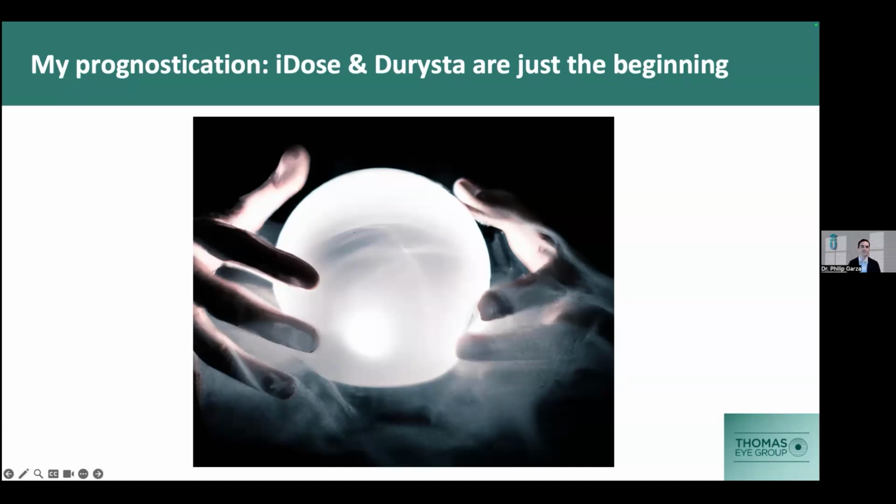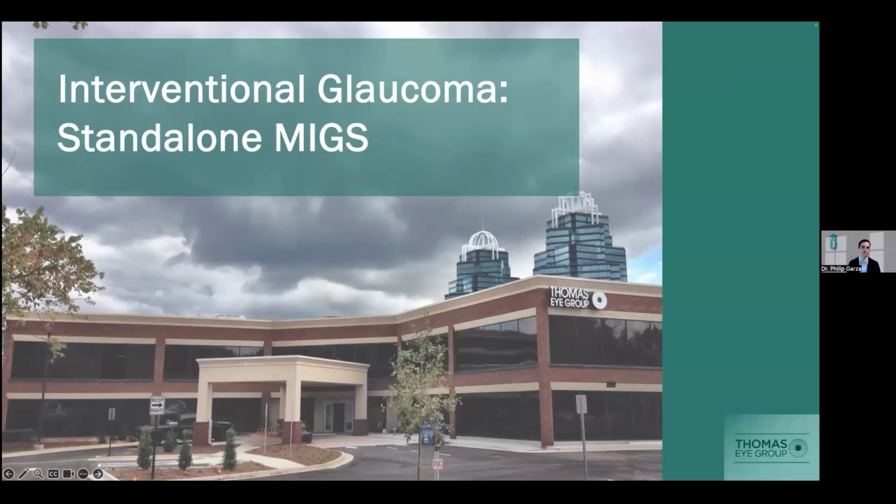You need more than one agent. So we're going to bridge you with topical timolol, for example, and for a change out, we'll put a two drug device in for you this time. And I think we all see this coming, and it's a very exciting potential future.